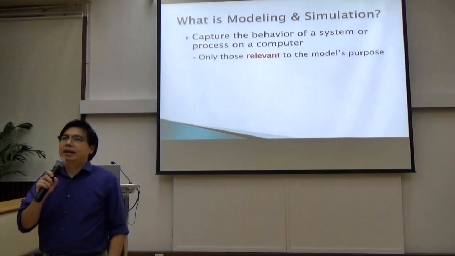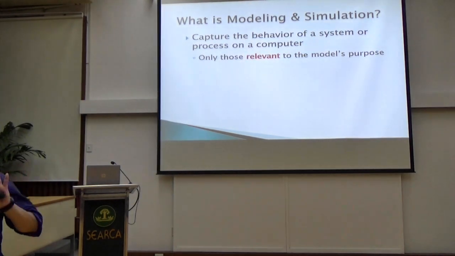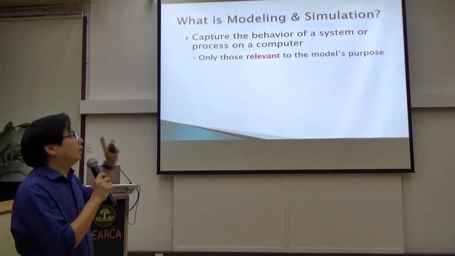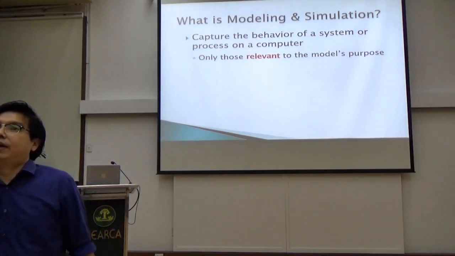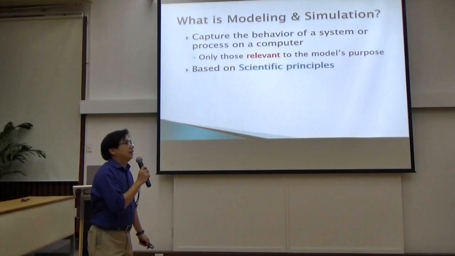For example, earlier in the agricultural systems model, what is relevant? Your output is the yield, right? So the only things you put in your model are those that can affect the yield. It's based on scientific principles.